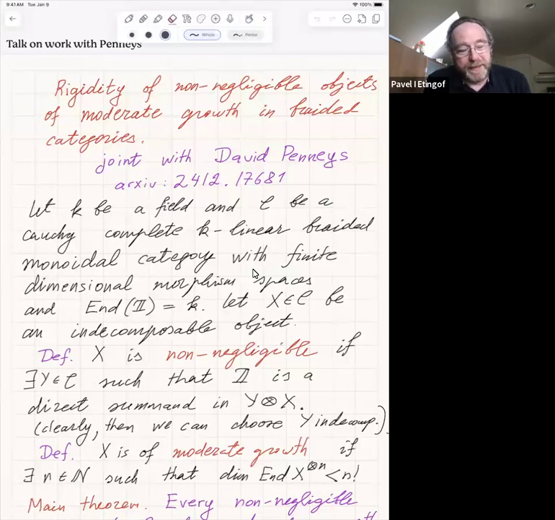In many problems, one can establish weaker versions of rigidity, such as Grothendieck-Verdier, or weakly rigid, or the like. But then to show that the category is actually rigid in the strong sense is a lot of work.